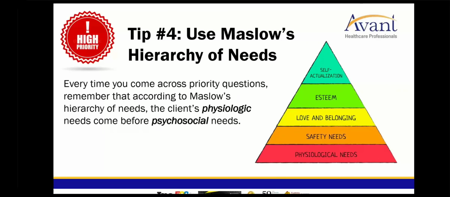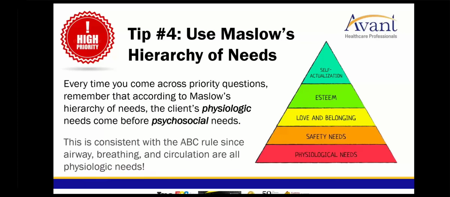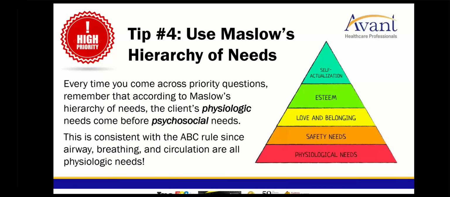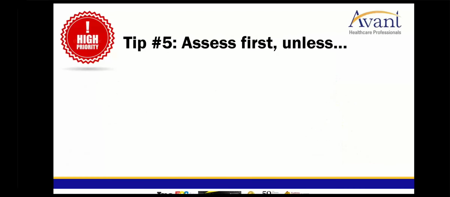Now, every time you come across a priority question, remember that according to Maslow's hierarchy of needs, the client's physiological needs come before psychosocial needs. This is consistent with ABC rules since airway, breathing, and circulation are all physiological needs.